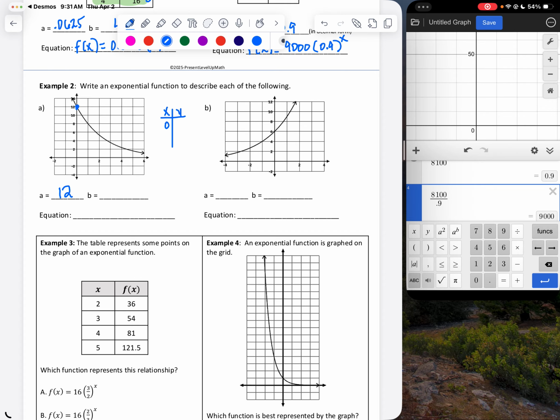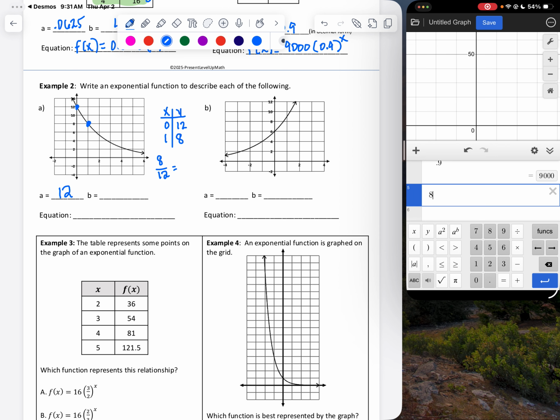So I know my initial value is at (0, 12). We want to find another friendly point on this graph. So the only one that looks friendly to me is right here, and that would be (1, 8).